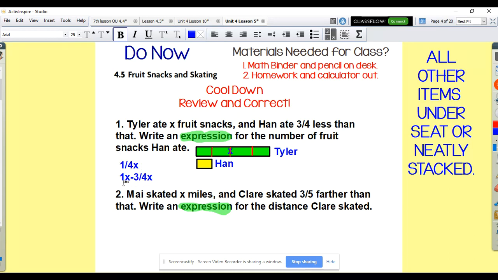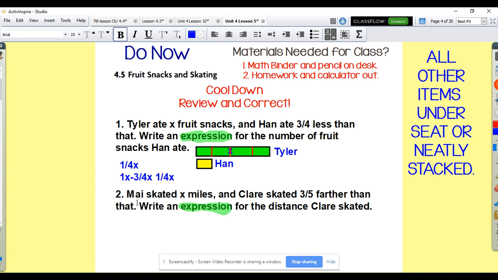So those are the two expressions we can write. I think looking at it from a diagram and getting straight to 1/4 X makes more sense. But if you need to think of it as Tyler's, which is 1X, take away 3/4 X, you would come up with the same answer, because when you subtract 3/4 X from 1X, you get 1/4 X.